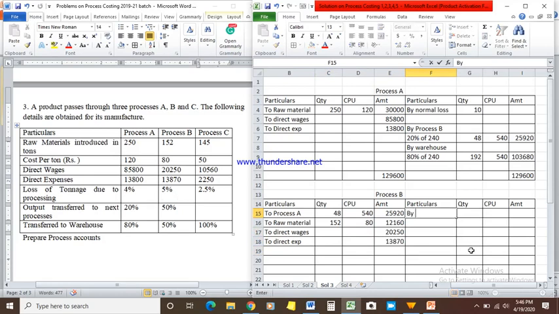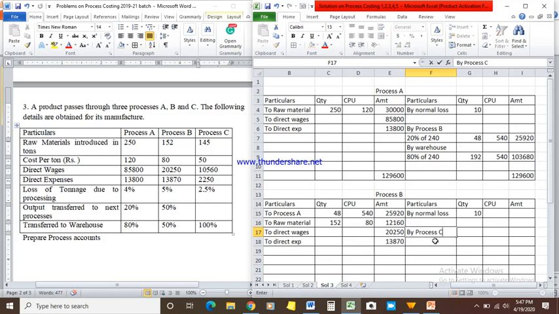Now again in this process B, 5% is mentioned as the loss of tonnage. So it's called again normal loss, that is 5%. So 5% means 0.05 of total tons, that is 48 and 152. If I take that up, it comes to 200, that is 10 tons. Now of the remaining tons, 50% is transferred to next process, 50% is transferred to warehouse.